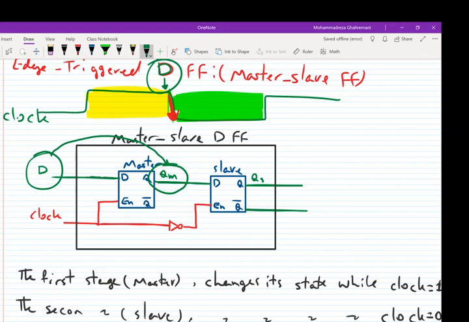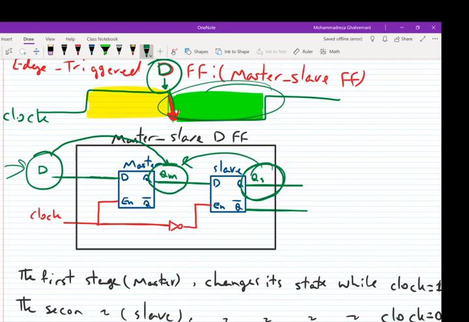After the transition occurs, in the green highlighted area, the master is off, so QM does not change. What is the value? The last value of D before the transition. So in the green highlighted area, QM does not change, but QS follows QM. And as QM is constant, of course, QS is also constant.